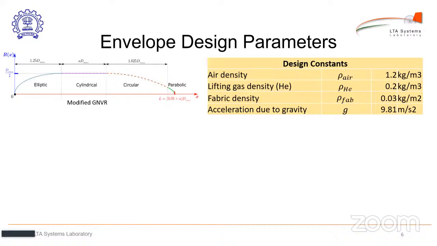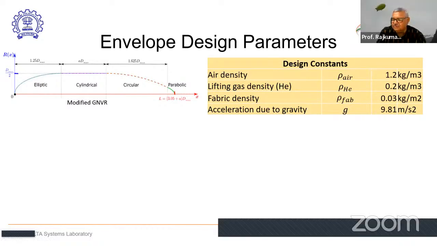The lifting gas density also varies as a function of the atmospheric conditions, but we are going to assume that to be 0.2 kg per cubic meter. Okay, I'll just start my video also.